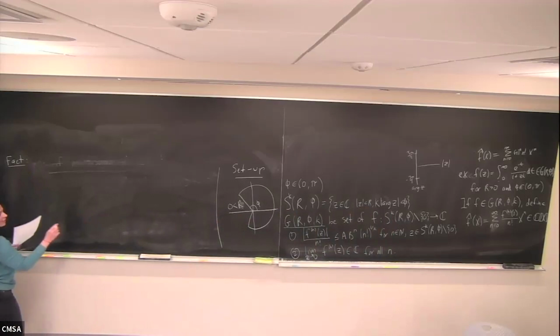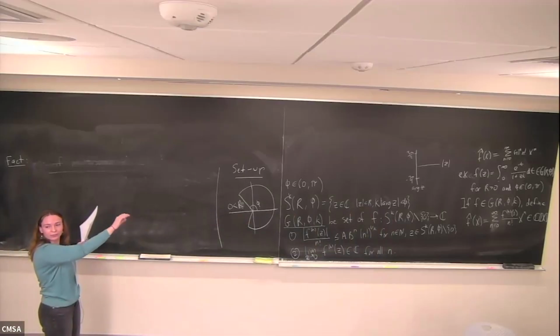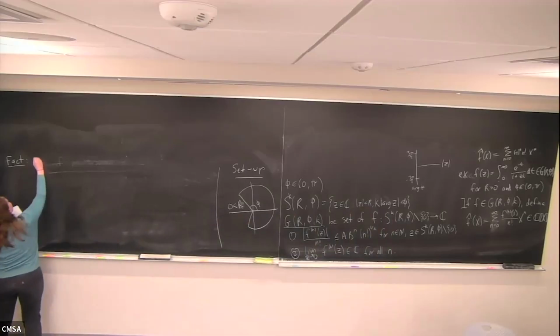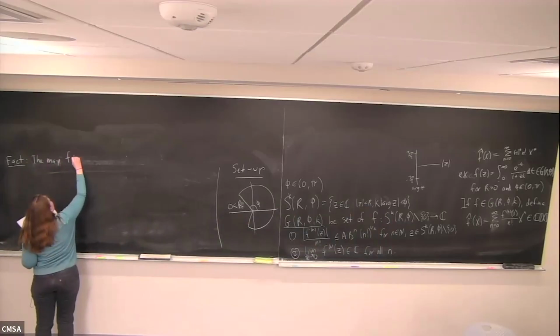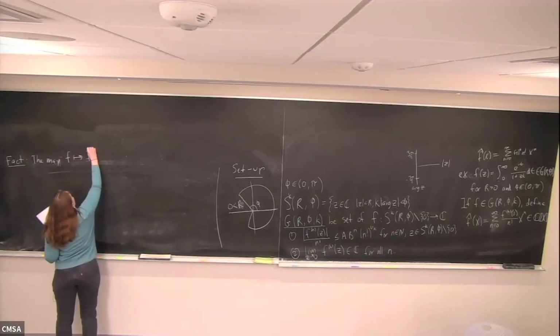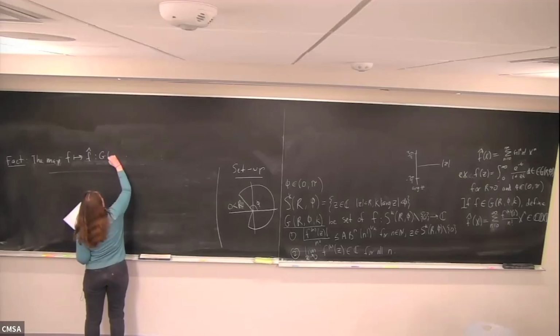So this map takes a function from a sector to its formal series, on this collection of functions.